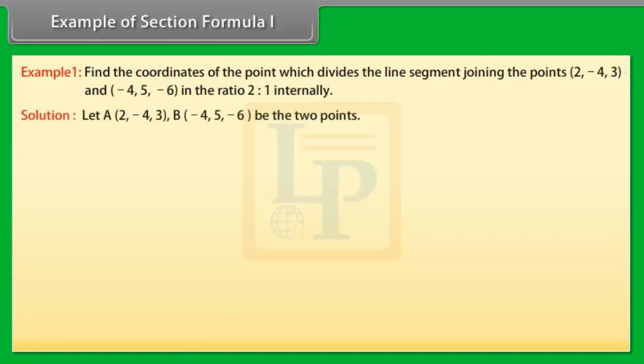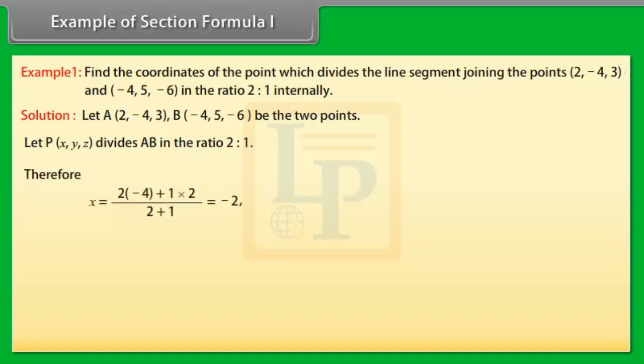Let A (2, -4, 3) and B (-4, 5, -6) be the two points. Let P (x, y, z) divide AB in the ratio 2:1. Therefore, x = (2 into -4 plus 1 into 2)/(2 plus 1) = -2.